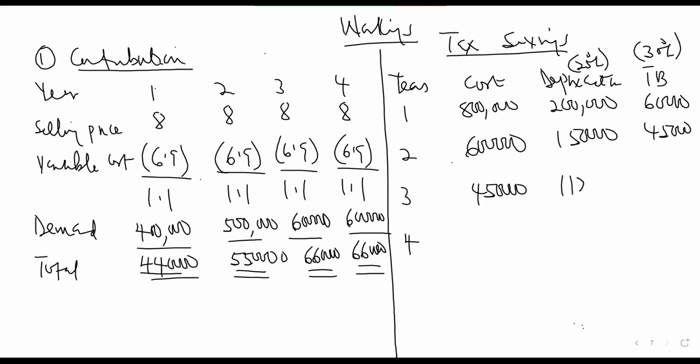What is the tax that we have calculated on it? 33,750. Okay. What will be the amount at the end of year 4? 337,500. Okay, but this particular machine will be sold at the end of the 4 years, isn't it?